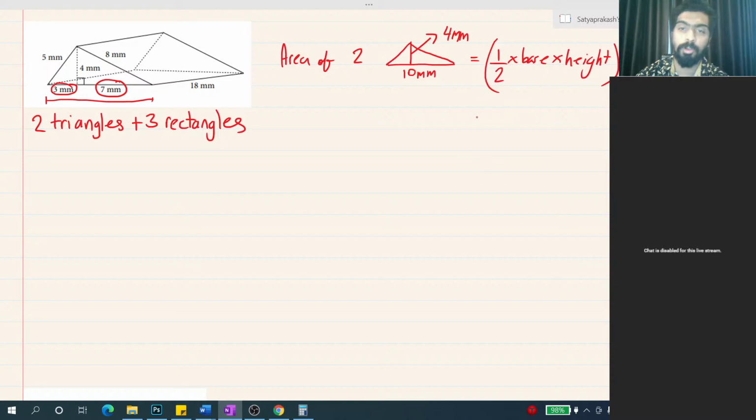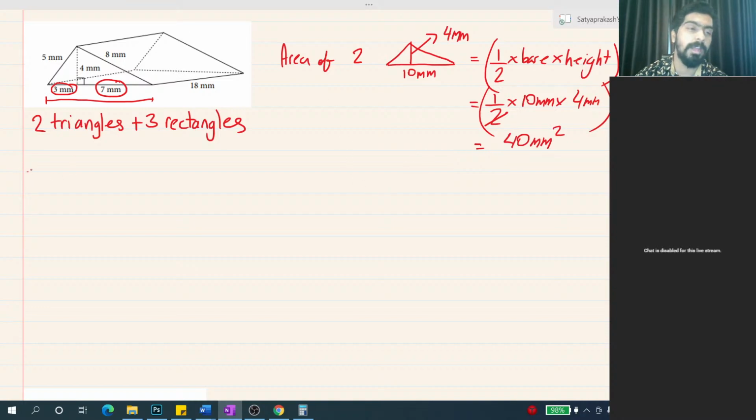So we have 1/2 multiplied by 10 millimeter multiplied by 4 millimeter multiplied by 2 because there are 2 triangles, right? The 2 and 2 simplify each other, and 10 times 4 gives us 40 millimeter square.